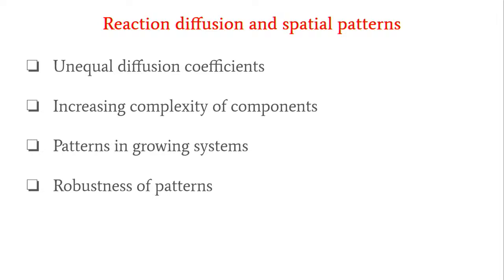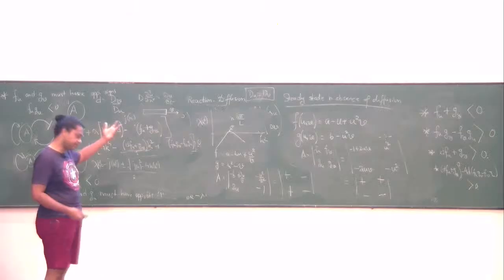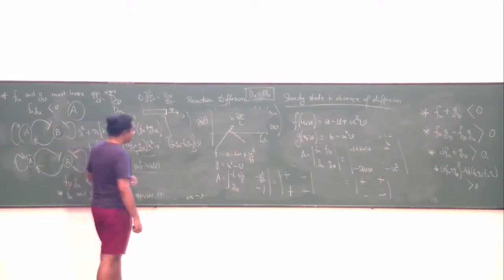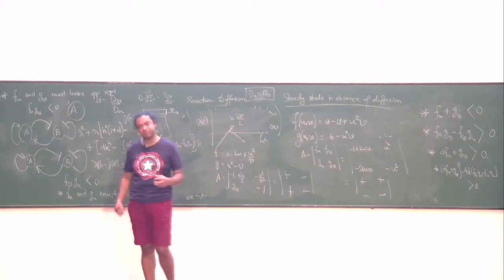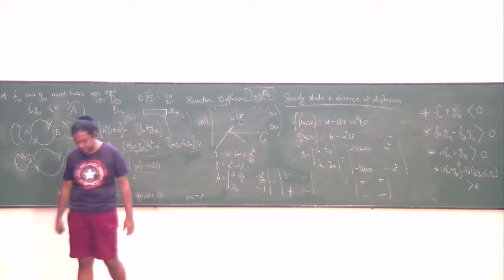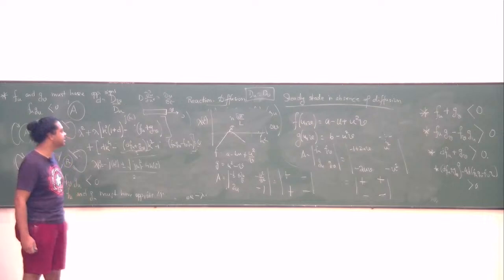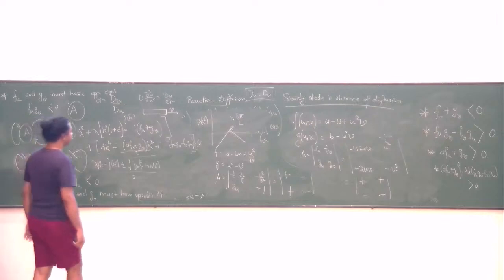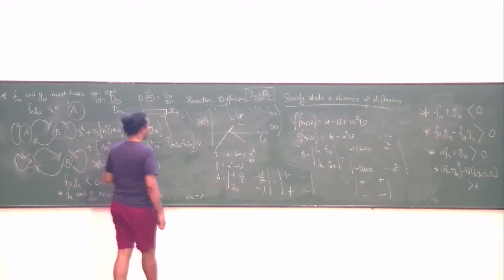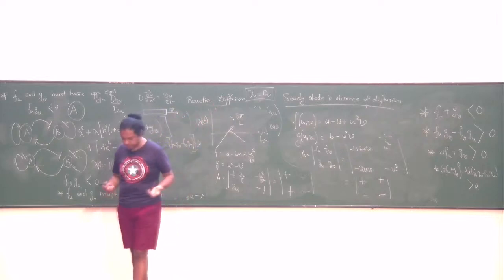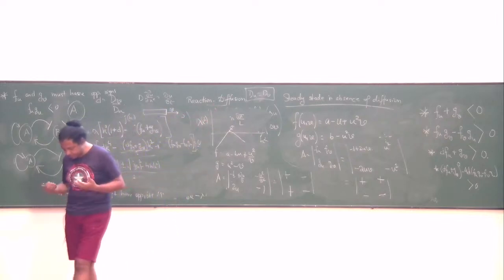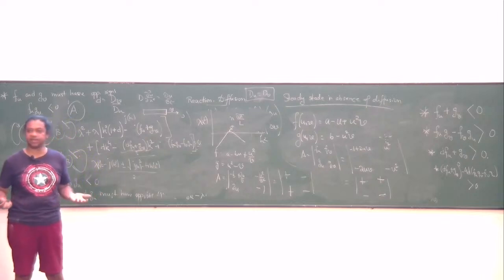Often when you're simulating these Turing patterns, in order to have these eigenvalues which are positive, you do need a large mismatch in the diffusion coefficients. So then one has to think about how you achieve this mismatch if the intrinsic diffusion coefficients are not that different.